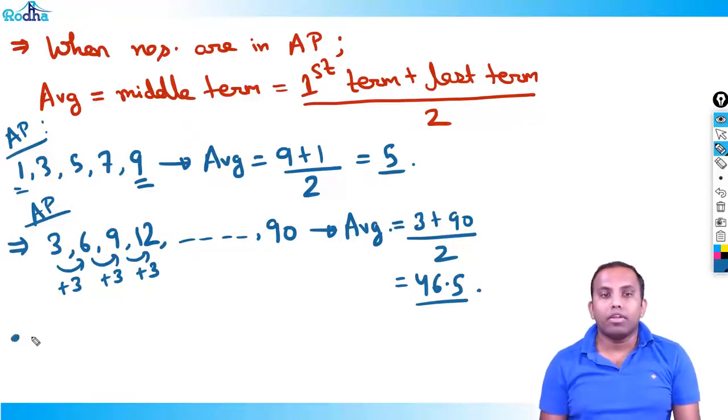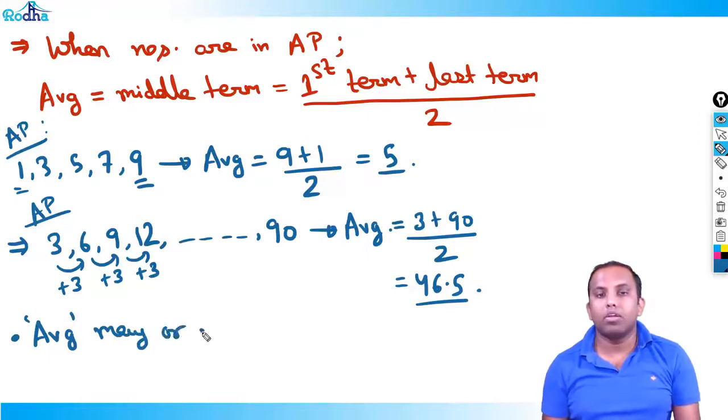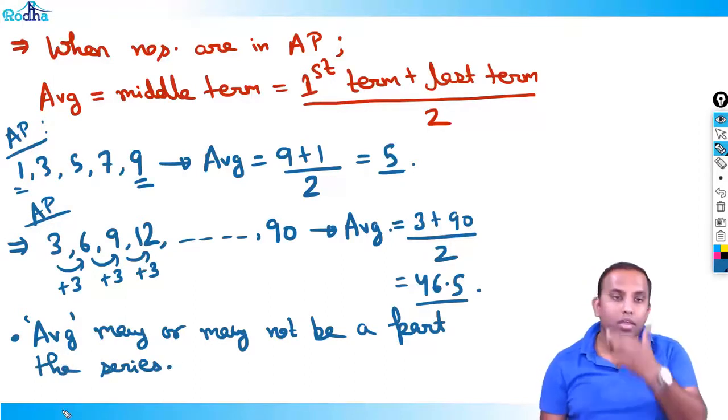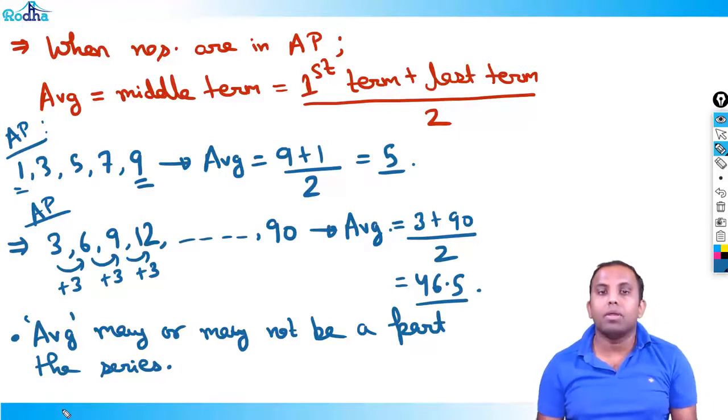Now see this. The average, if we find, may or may not be a part of the series. Average may or may not be a part of the series. Okay, like here, 3, 6, 9, 12, these are all multiples of 3.